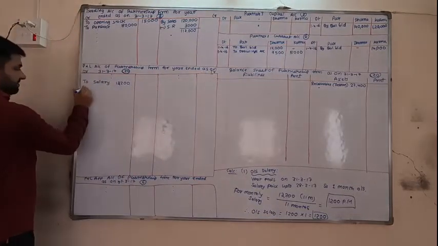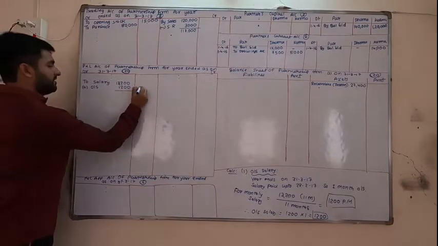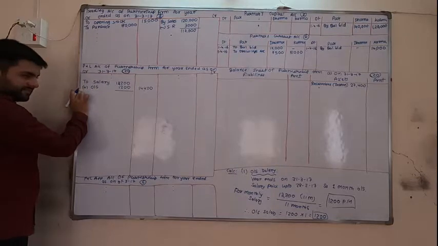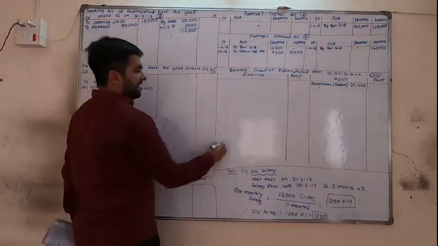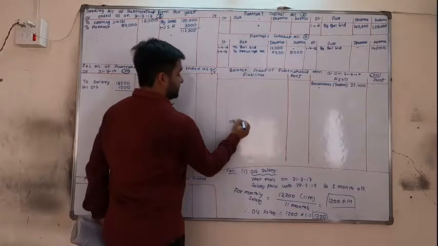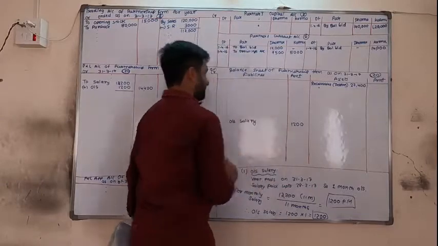Outstanding is plus. So plus outstanding 1200 in the outer column 14,400. Debit side plus means debit, other is credit, means on the liability side after leaving 7 lines or 8 lines, outstanding salary in the outer column 1200.